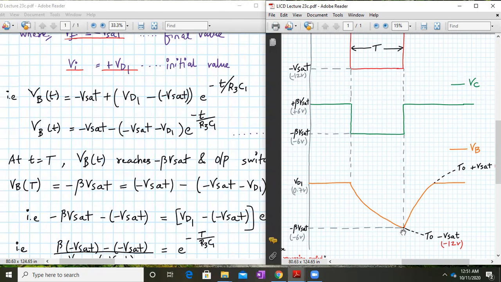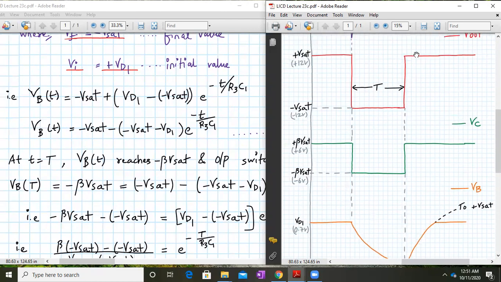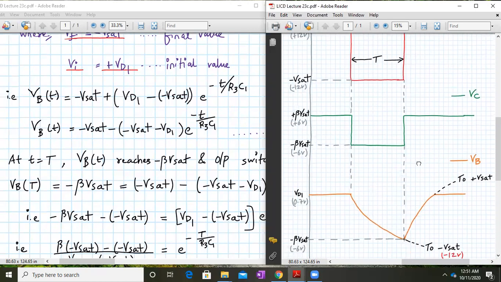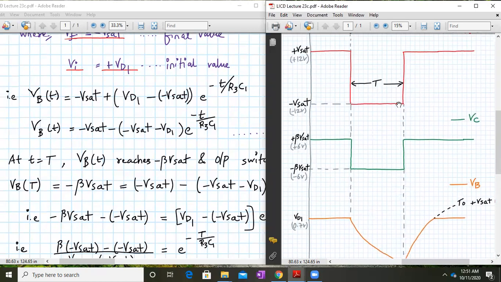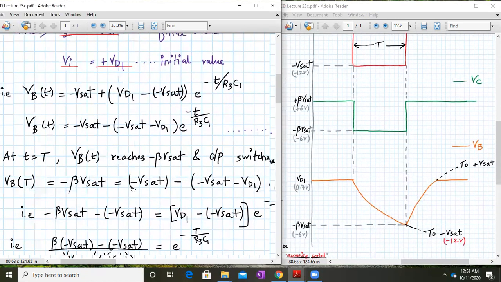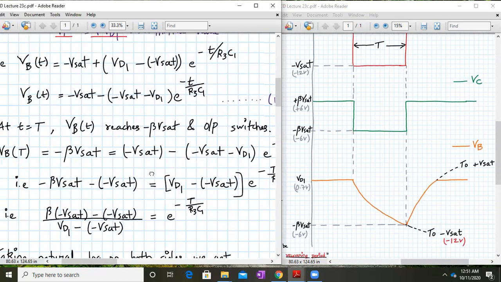The Vb of t, which is the voltage across the capacitor C1, reaches a value minus beta Vsat, and the output switches from minus Vsat to plus Vsat, as it is evident over here. So whenever t reaches this capital T period, the output will switch from minus Vsat to plus Vsat.